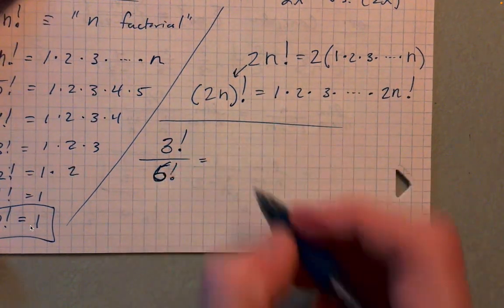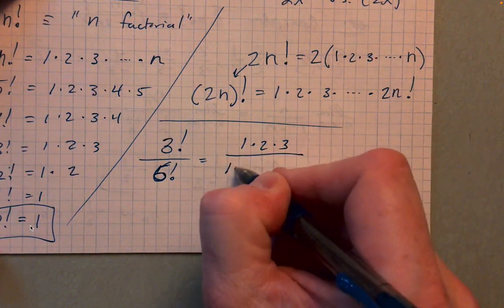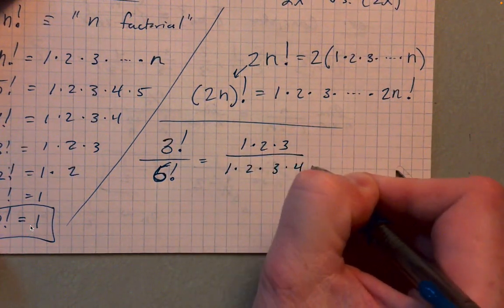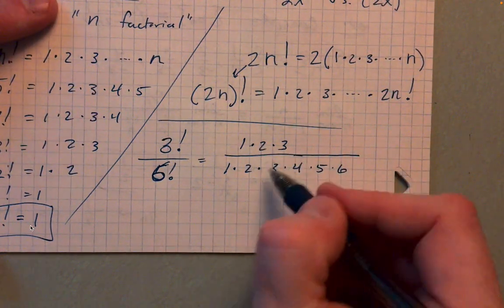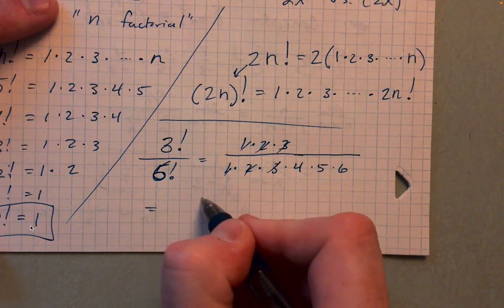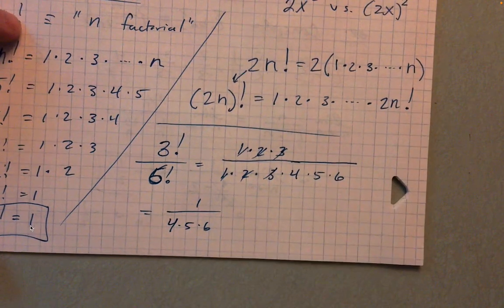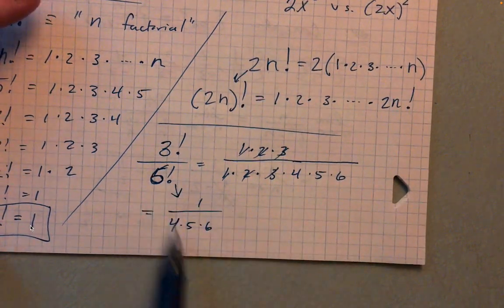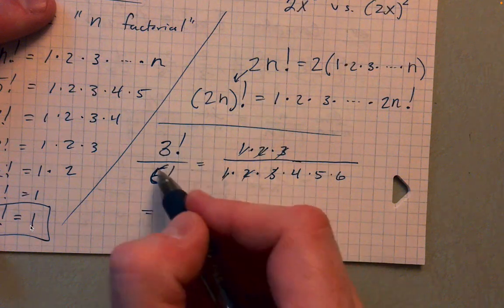What that literally means is 1 times 2 times 3 over 1 times 2 times 3 times 4 times 5 times 6. So some of these will cancel away, and you'll see that you have 1 over 4 times 5 times 6.